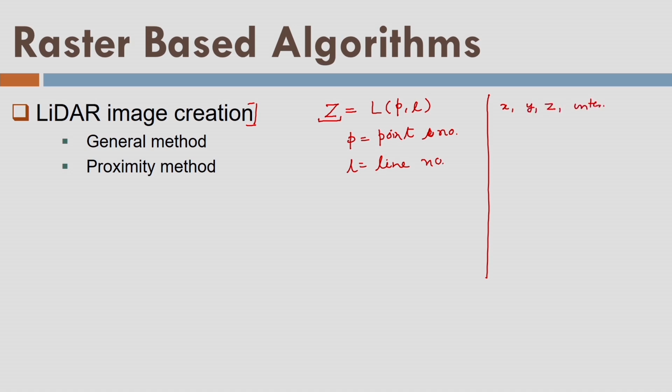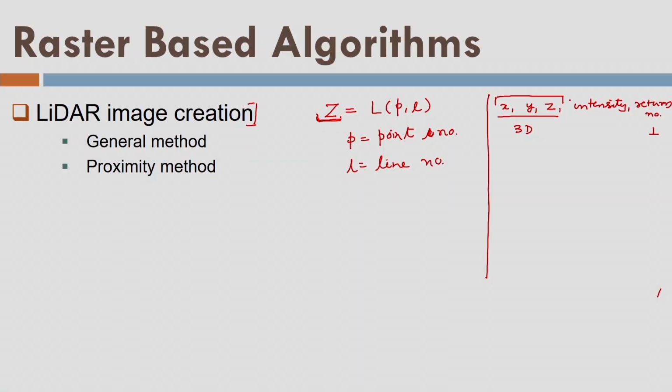Then we have intensity information, and then we have the return number. In case of multiple returns, I have maybe a second return, third return and so on. So we have this data with us and I want to utilize the first return only, because we are working on the top of the structure, for example building top or maybe tree top or maybe terrain top. We want to use this XYZ data which is 3D, and we want to develop various products like digital elevation model or DTM, or maybe we want to extract the building information.